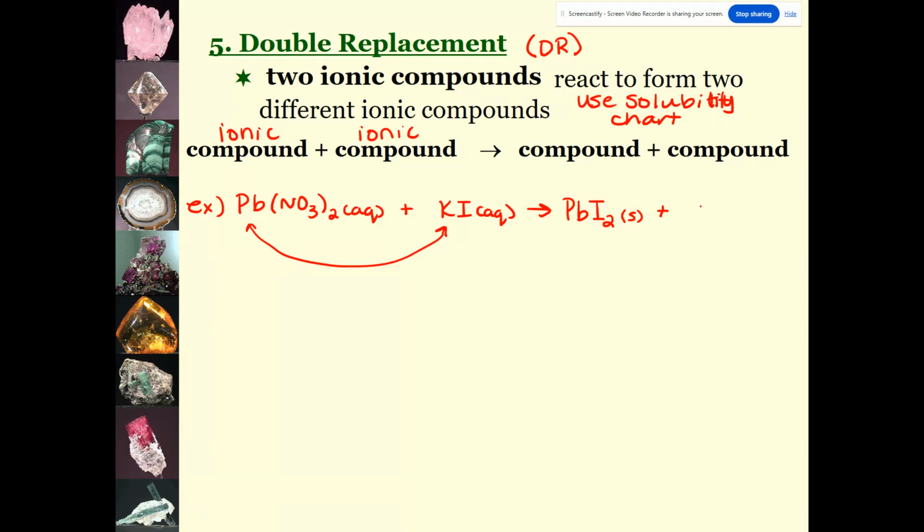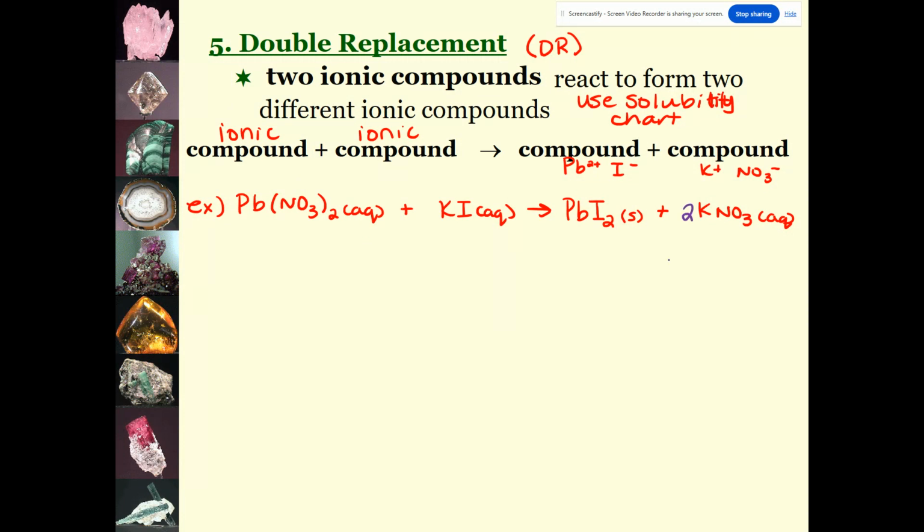And then my potassium with my nitrate, I need only 1 of each to make the ion charges balance. Remember, again, you're either doing this in your head or looking at what ion charges they have when you write their formula to make sure the ion charges balance. Okay? Now to make this reaction balance, I have 2 nitrates and only 1 nitrate.